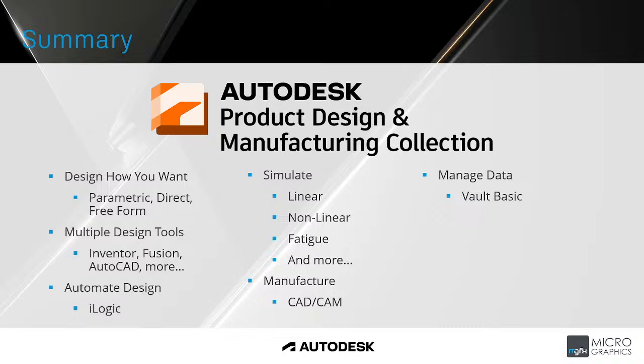Then from a simulation perspective, Nastran allows you to run your simulations to make sure that you are generating less, let's say, physical prototypes for testing because you're closer to the final product digitally. Then it allows you to also manufacture through the various CAD CAM options, the Inventor CAM, Inventor plugin for machining, or Fusion. And then lastly, as we just covered now, the data management through Vault Basic.